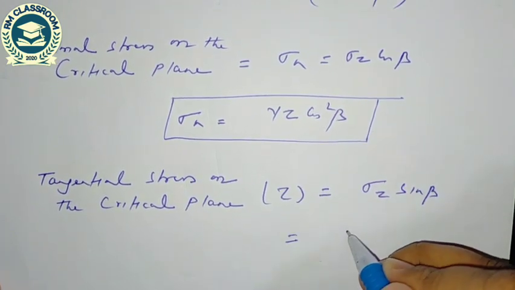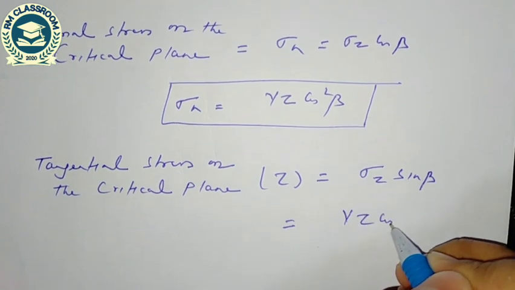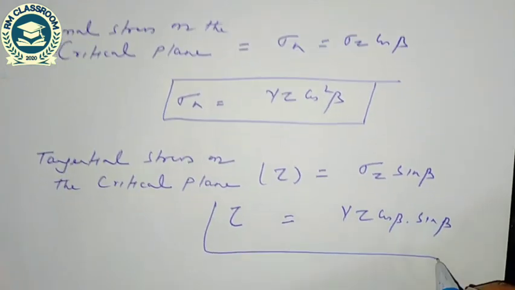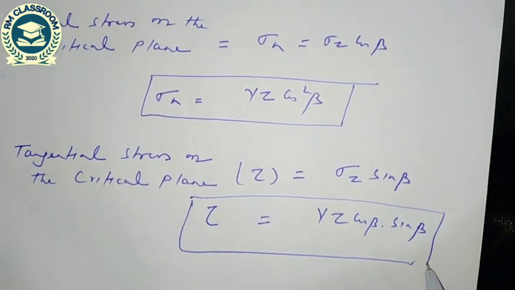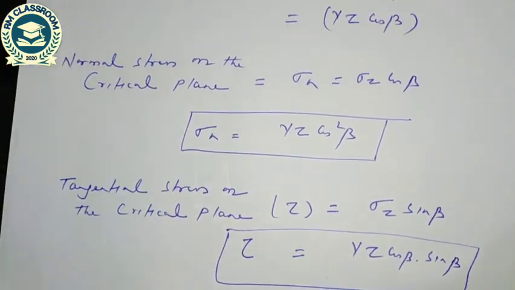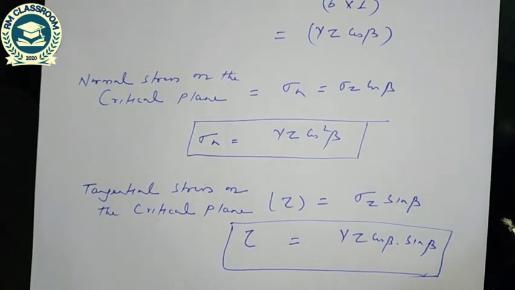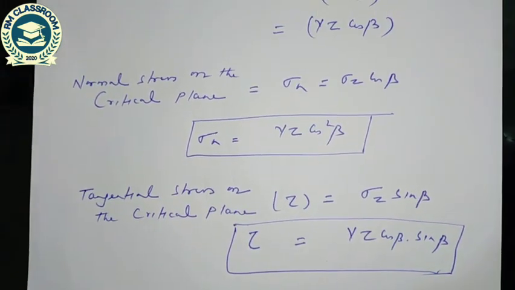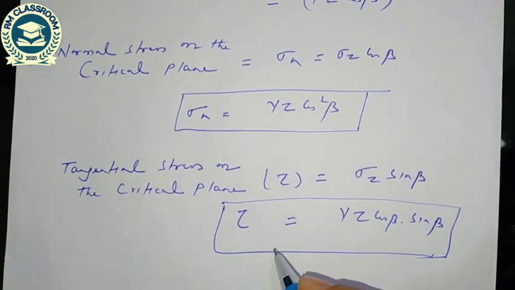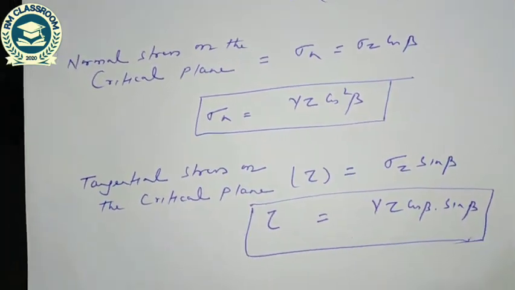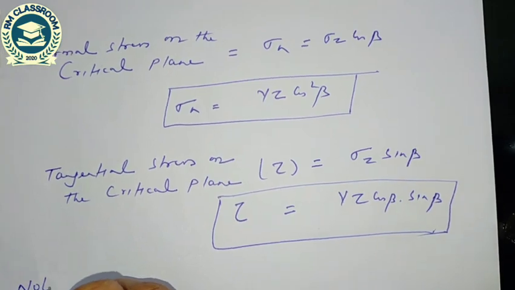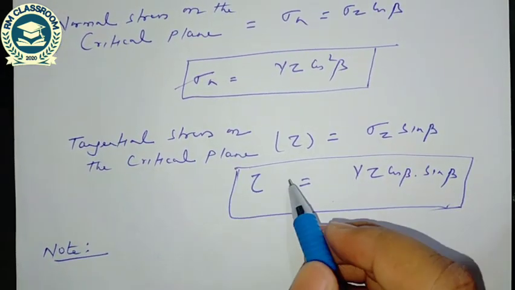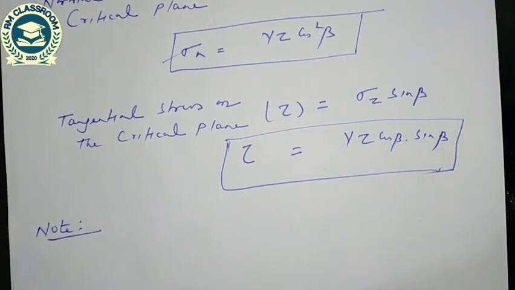So sigma Z is gamma Z cos beta into sin beta is the tangential stress we have computed. So we have computed the normal stress acting on this force on the element of infinite slope, and tangential stress we have computed. So note, these two formulas will be used for computing the factor of safety.